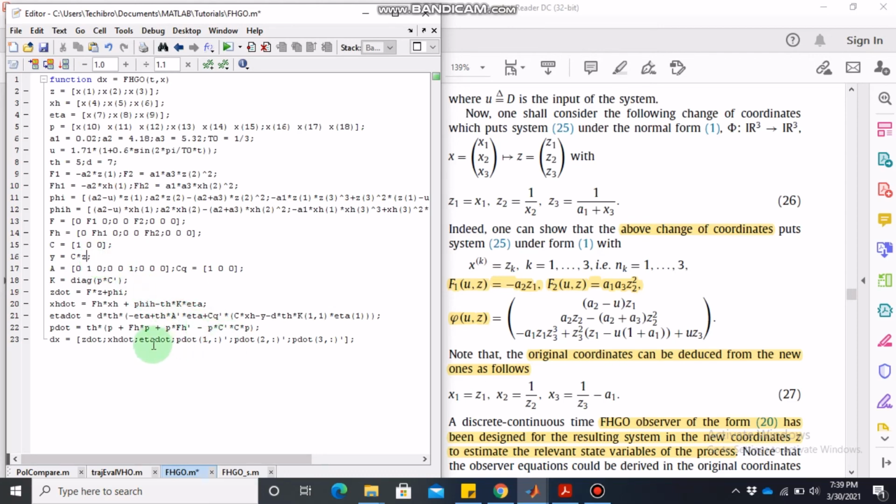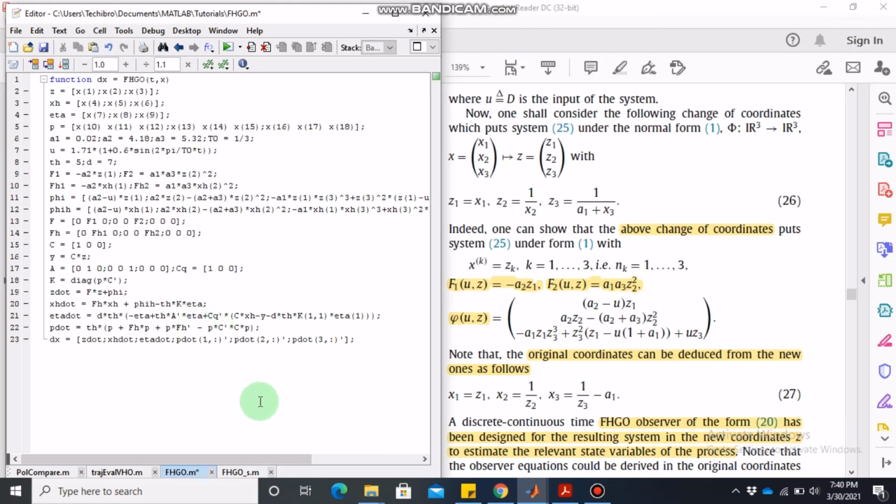If you want to add some disturbance, you can add b times epsilon here, where b will be 0, 0, 1, a single column with 3 rows, and epsilon can be any constant or function of time as long as it is bounded.